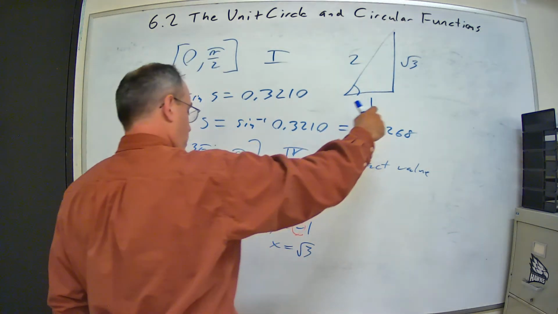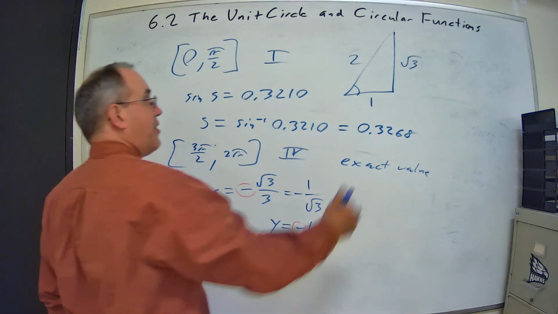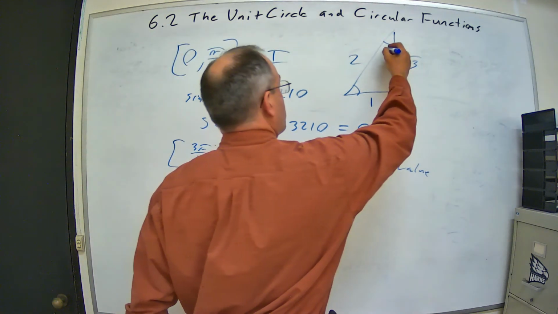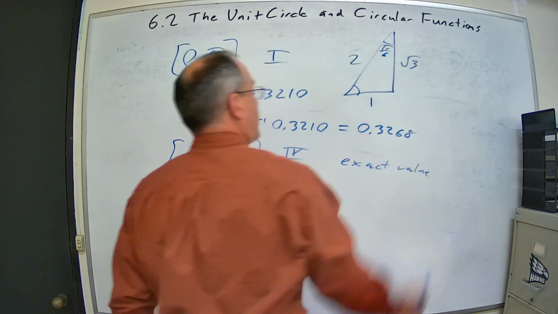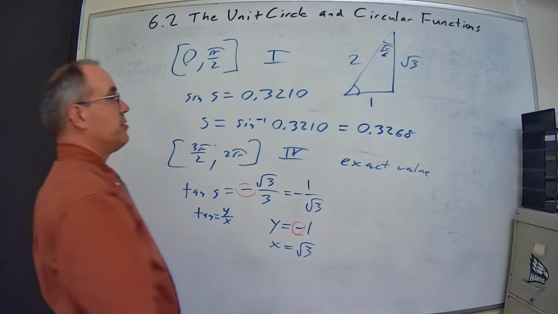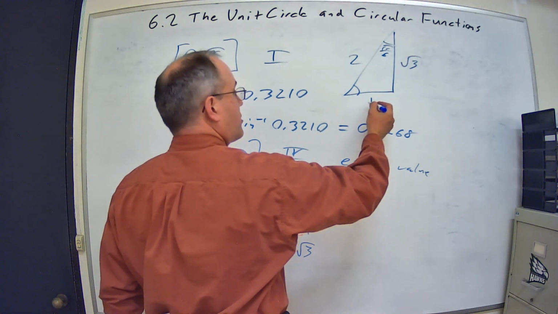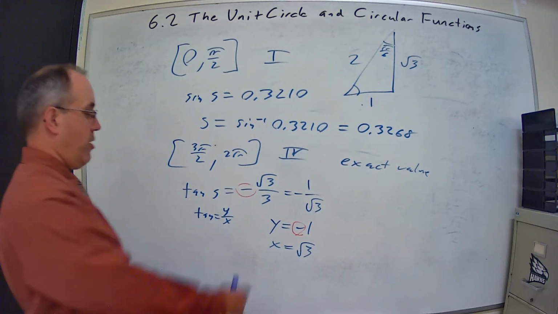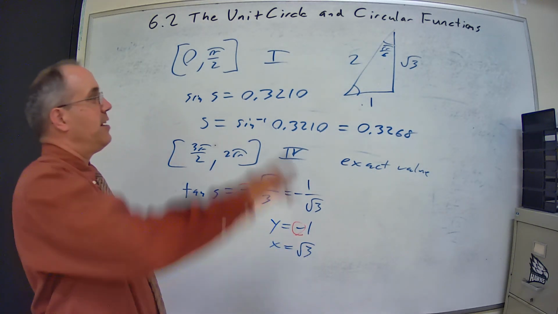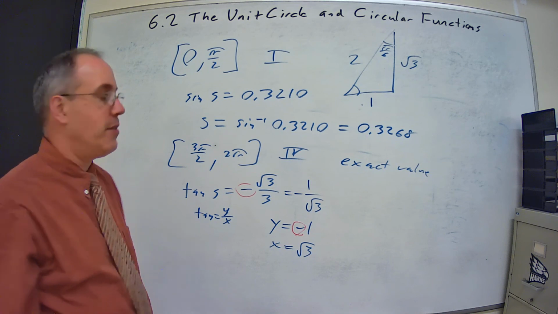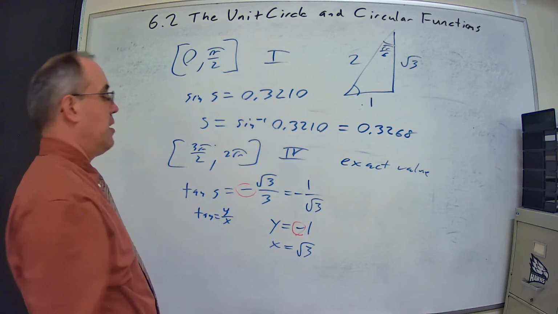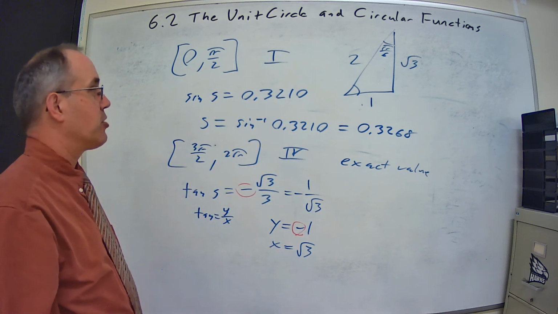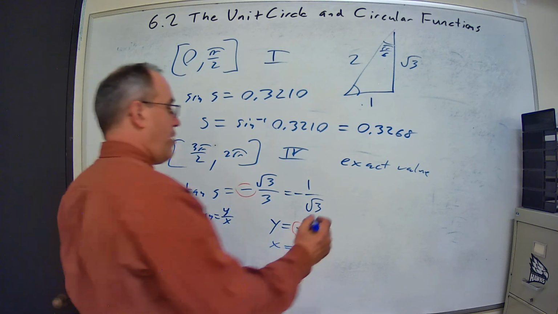Opposite over, sorry, flip that. That would be 30 degrees, which is pi over 6. So pi over 6, opposite over adjacent, y over x. My drawing of that is not pretty, but it allows me to figure out what that is. So I'm looking at pi over 6 as my reference angle.